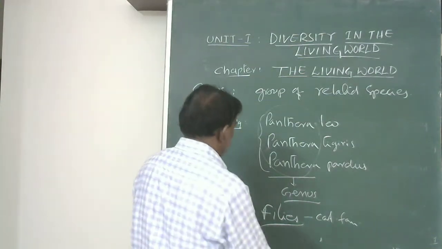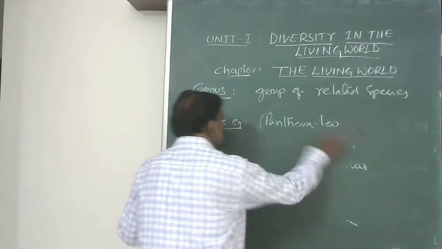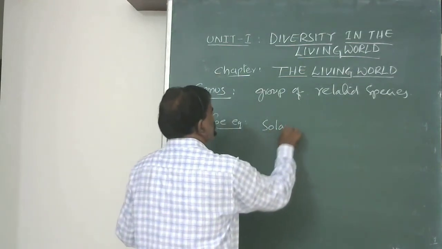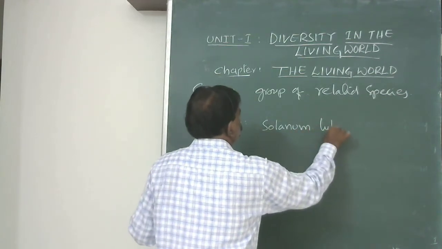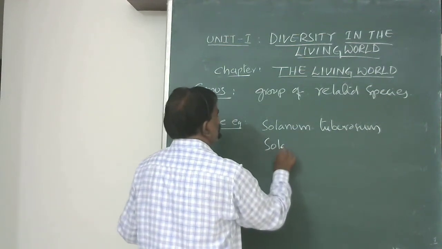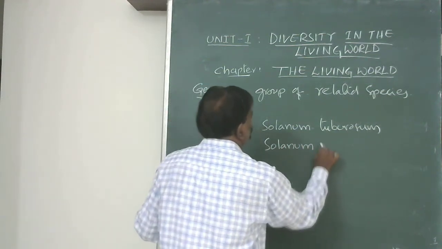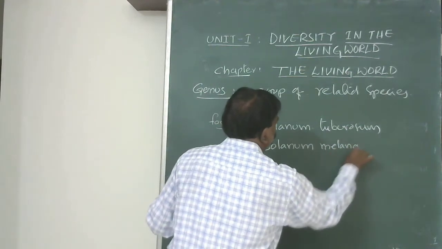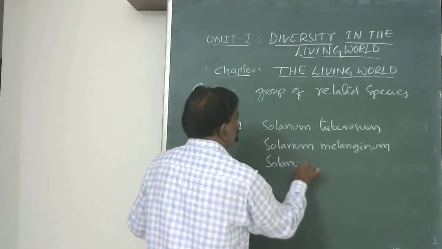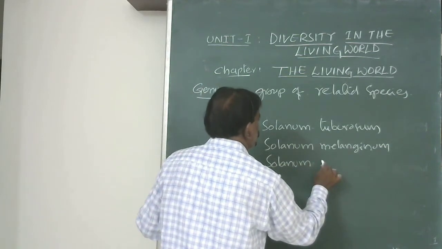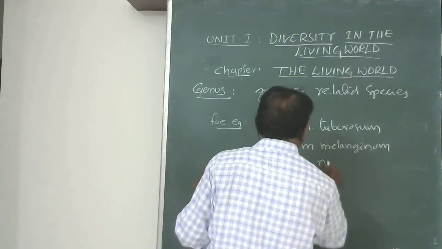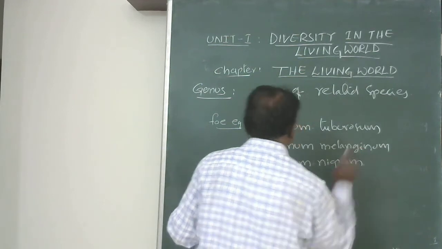Let us take one plant example also, same as what we have seen here. Solanum tuberosum, potato, Solanum melongena, and Solanum nigrum.